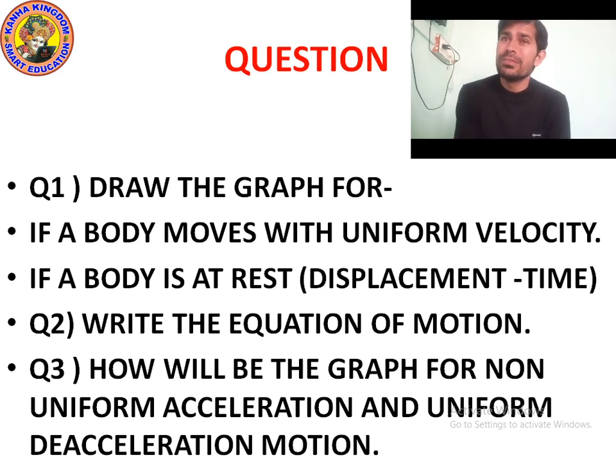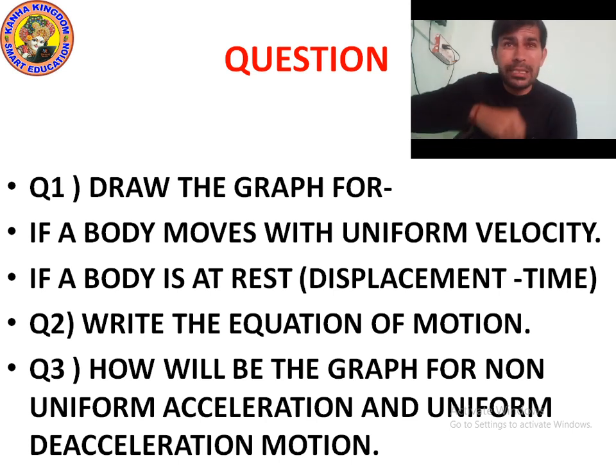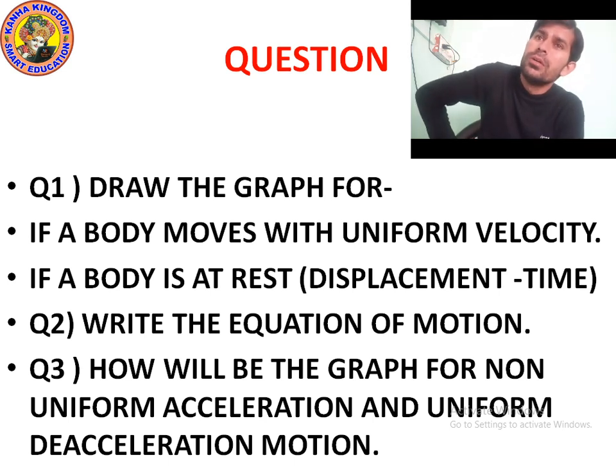If a body whose velocity is decreasing with time, the graph is a straight line having a decreasing slope. This is because the velocity decreases by equal amounts in equal intervals of time.